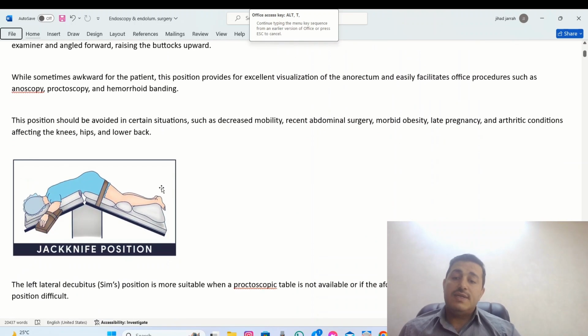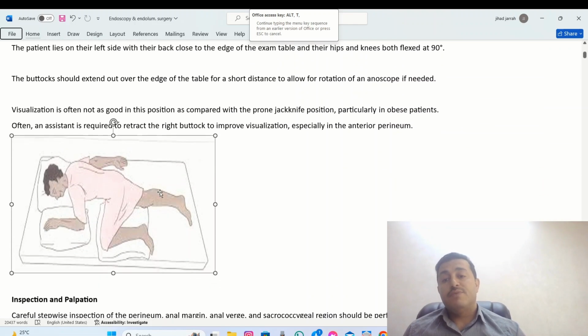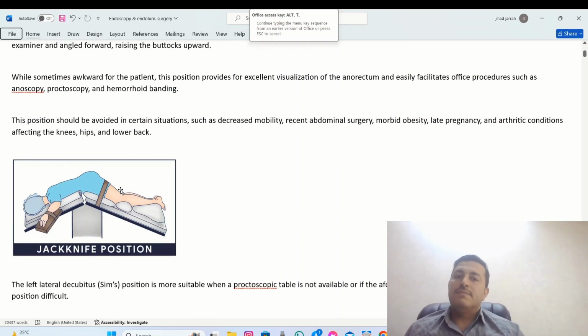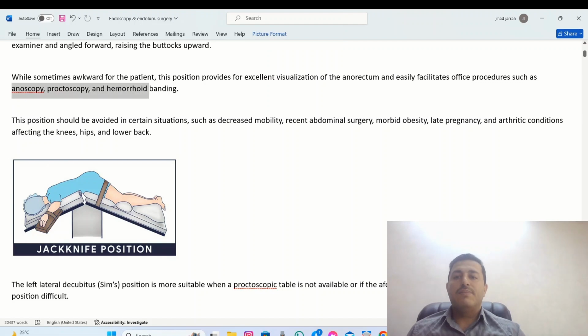The first, as you see, is the prone jackknife position, which is better than the second alternative, the left lateral or Sims position. Jackknife position provides better visualization, and it's also easier to perform procedures such as endoscopy, proctoscopy, and hemorrhoidal banding.